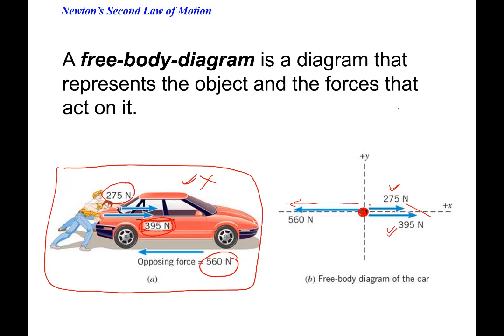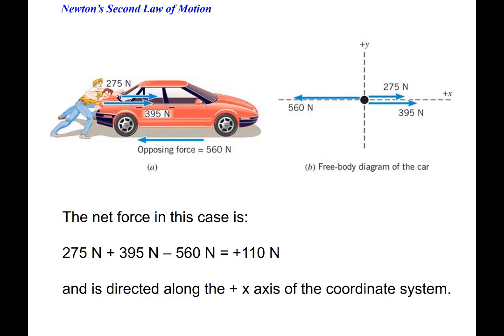So we always draw x and y axes, and then we show our forces in terms of whether it's a horizontal force or whether it is a vertical force. So for example, in this case, you saw the scenario here. What is the net force now acting on this? To find the net force, we will add up all the forces.